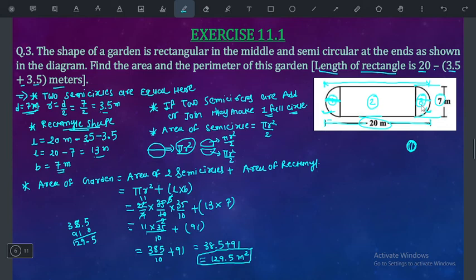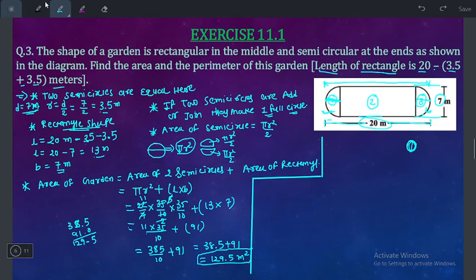Okay, now we find out the perimeter of the garden. When we find out the perimeter of the garden, we only add the borders of the garden.